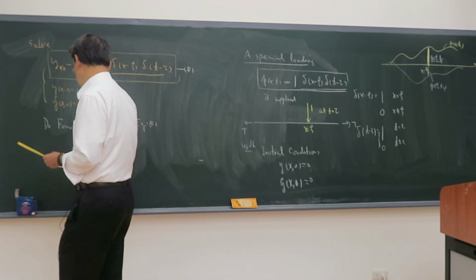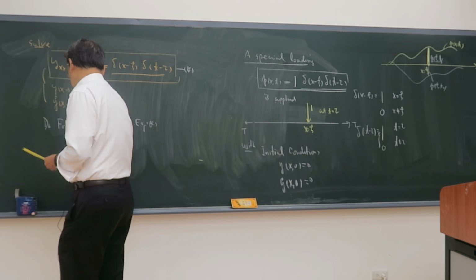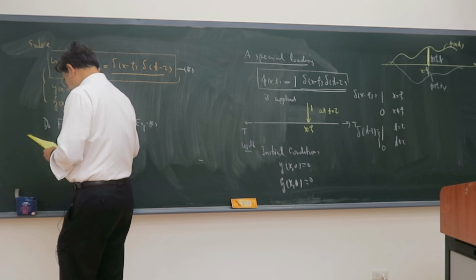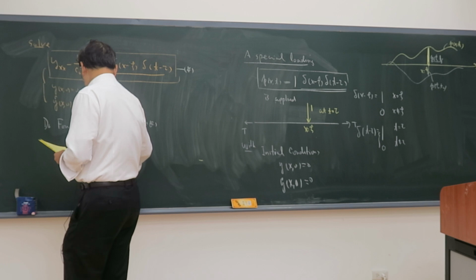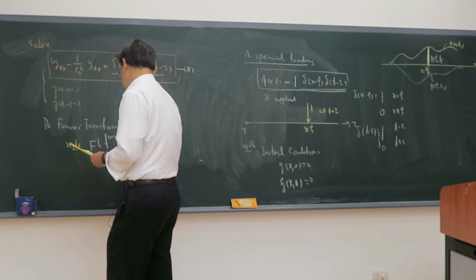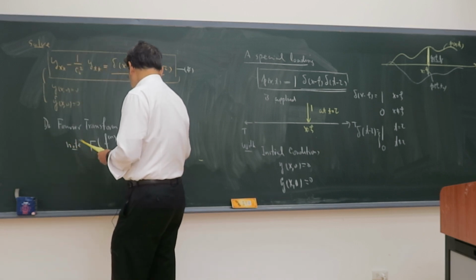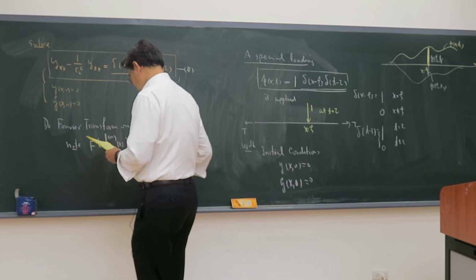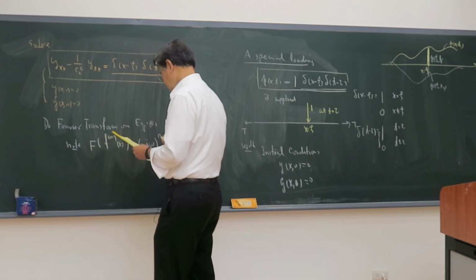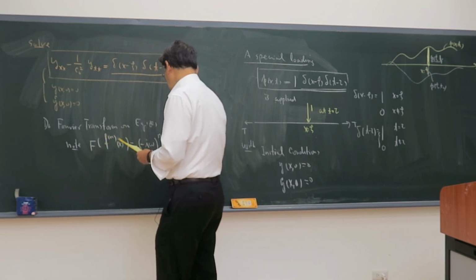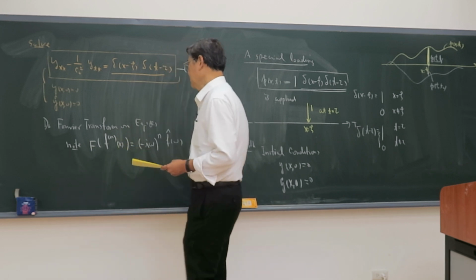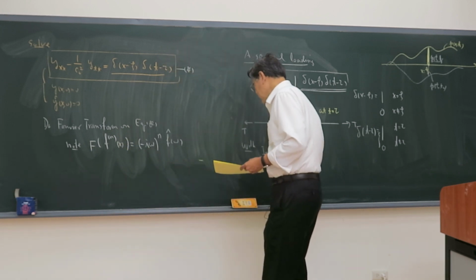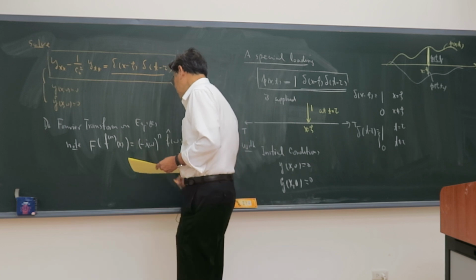Note the Fourier transform of the nth derivative of a function with respect to x is equal to (minus i omega) to the power n times f hat of omega. So this omega is our new variable, and in this case I use gamma.